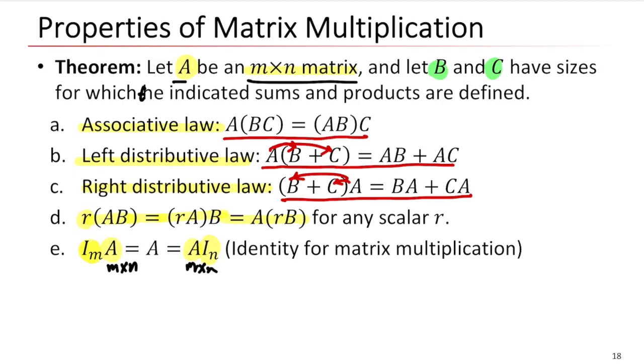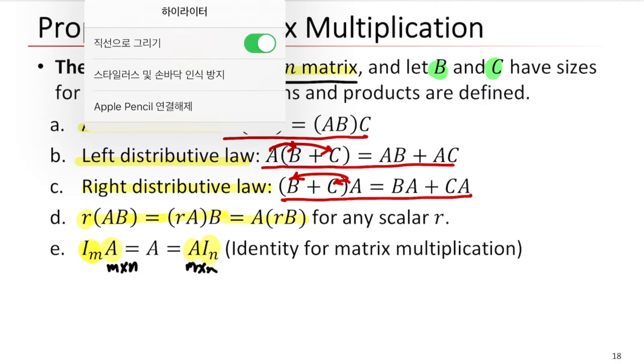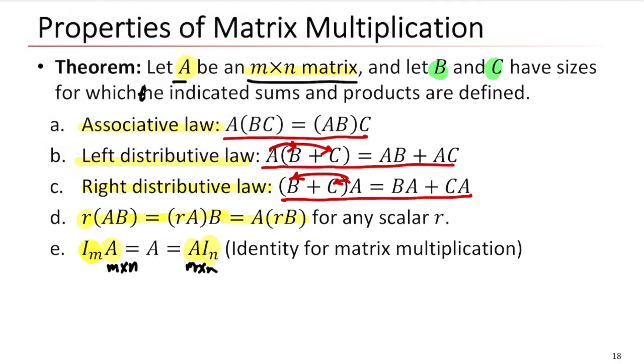We already know this is the identity matrix, so the output of these two terms will be exactly the same as matrix A. So this is the property of matrix multiplication.